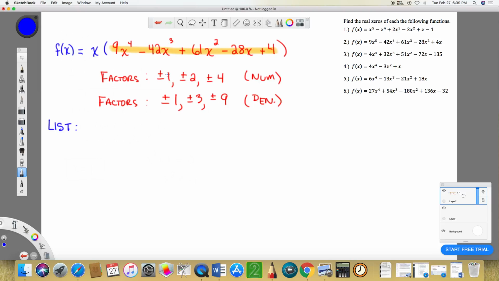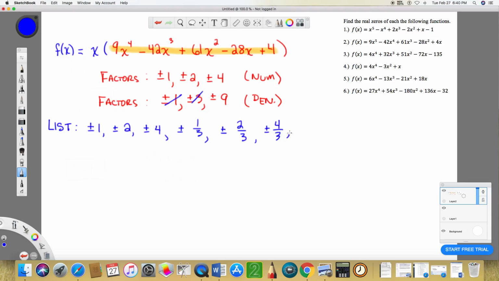So let's go through and take each of these numbers, 1, 2, and 4, as numerator and divide it by 1. So when we divide by 1, we just get these values back again. When we take each one of these and divide it by 3, we get this.